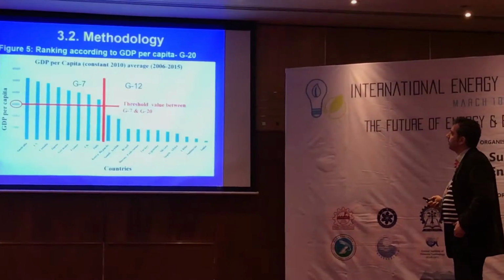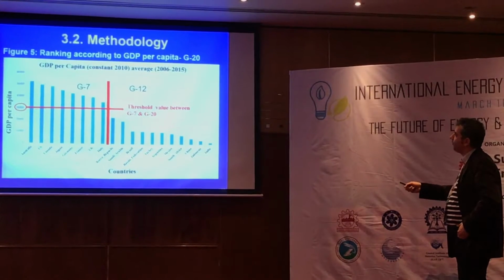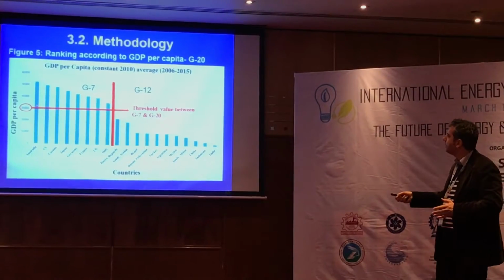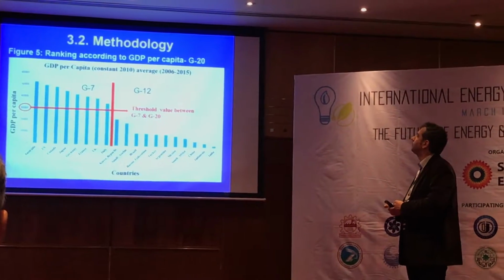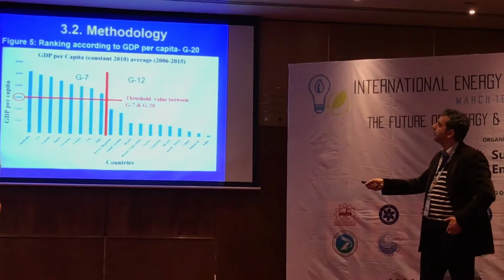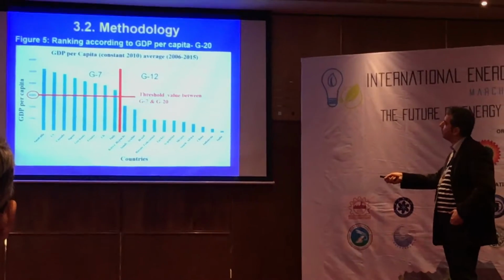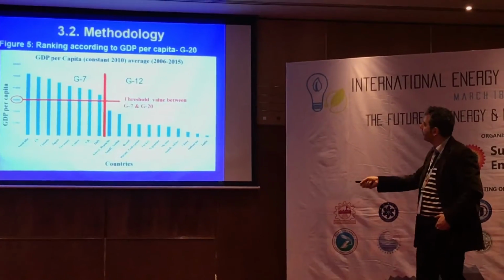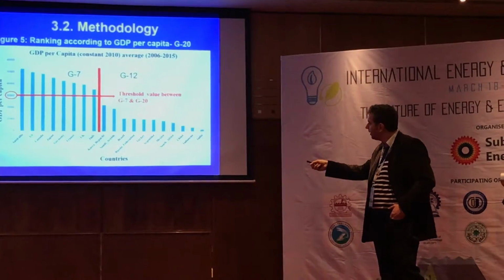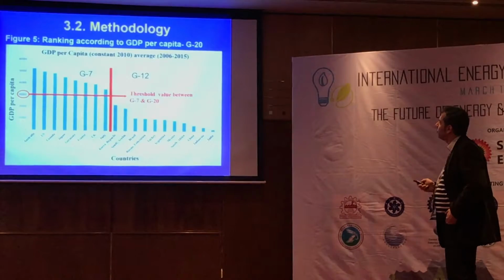See our economic model in here. First of all, we apply to implement our data, and we determine a threshold level. It is around $30,000. We rank the countries according to GDP per capita levels, and we catch up the theory, yes, the G7s and G12 with our data.